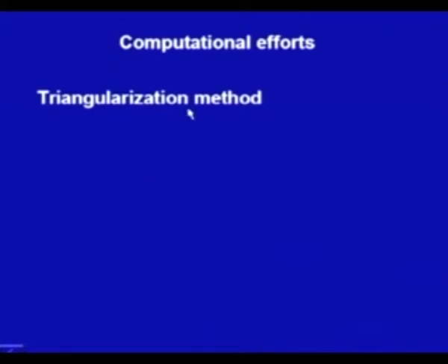Let us see how the computational effort will be in this case. The computational effort is of order 2n cube divided by 3. So, this is the order of the computational effort required in computing determinants using this method.